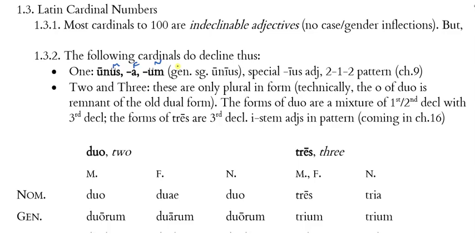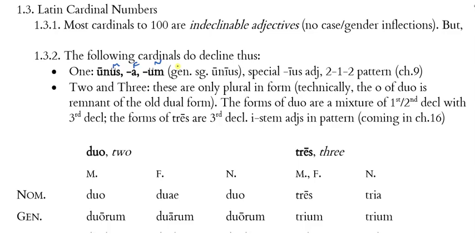Now the genitive singular for unus, una, unum, is unius. You might recall that we have special -ius adjectives from chapter 9. You may want to go back and review that, where in the genitive singular we see this -ius form, and in the dative singular we have a long I for the case ending.